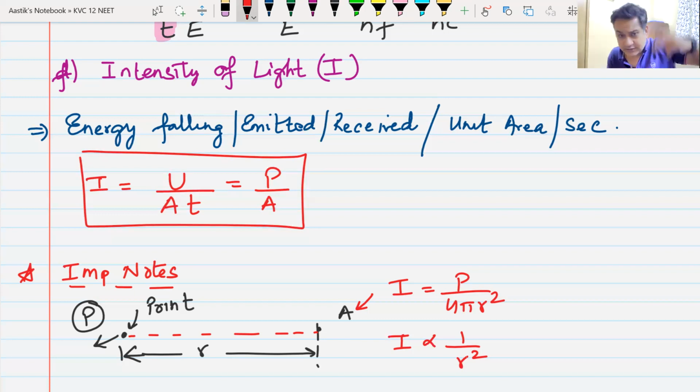So this is the intensity received at this point. P is the power of the source, the power which is emitted by it.